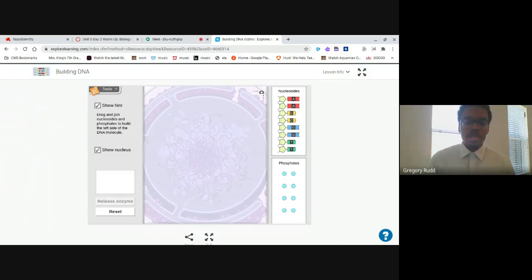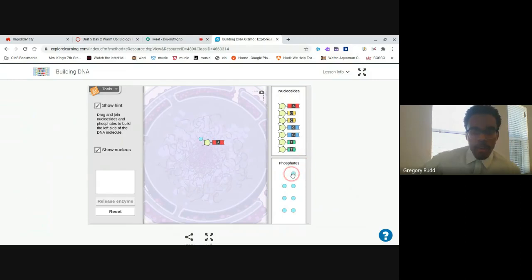So Kyrie, what you should do is drag one of those. You see where it says nucleosides, that red A? Yep. Drag one of those, and just into the middle. Drag it into the middle. All right. Now grab a phosphate, which is that blue circle, and put it on the, yeah, good.